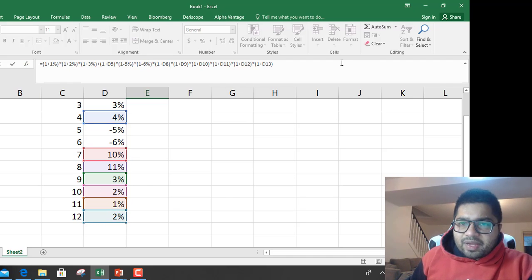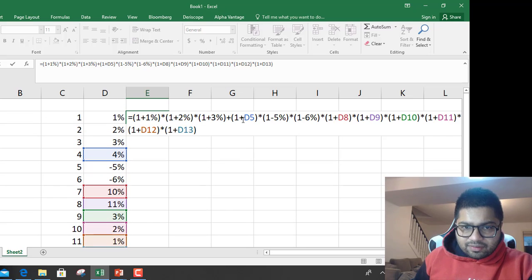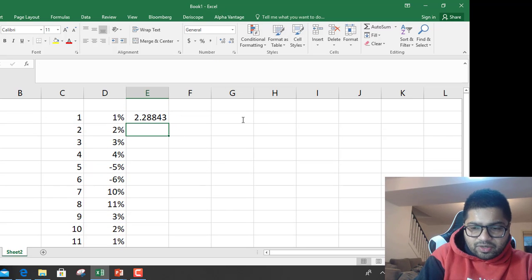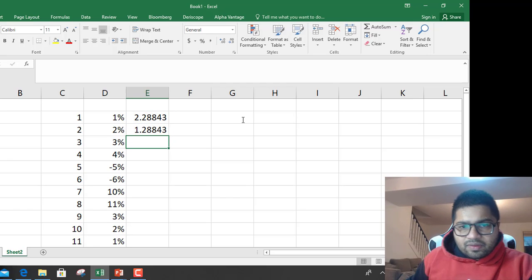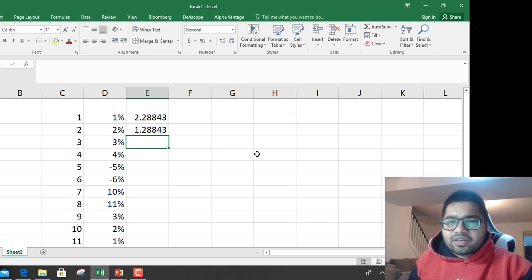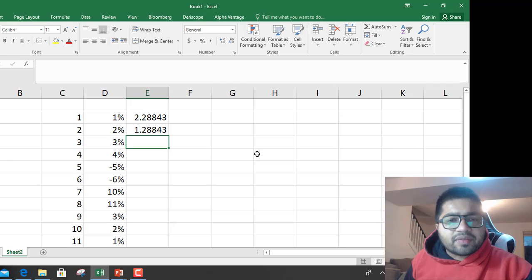So you multiply everything first, and whatever is the result, you subtract 1 from it. So that is your annual return for the given period.